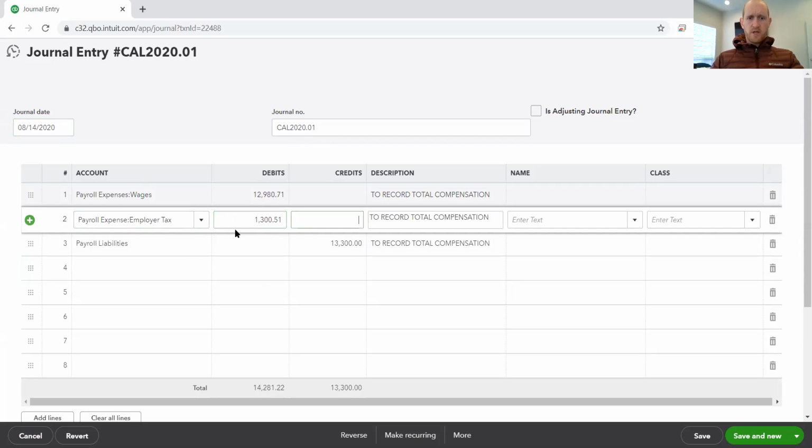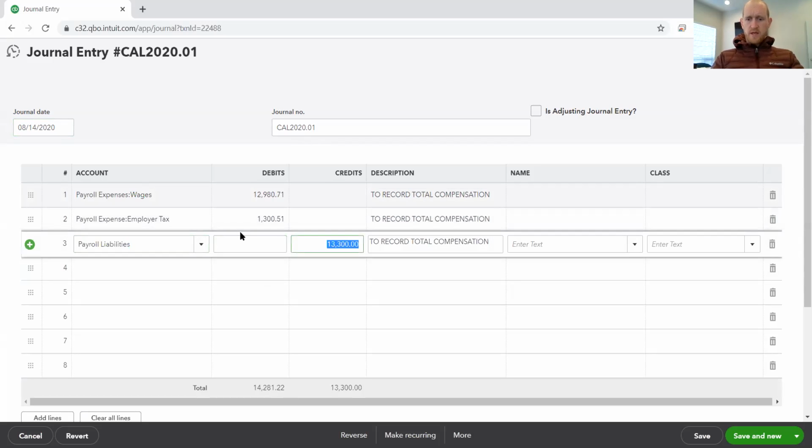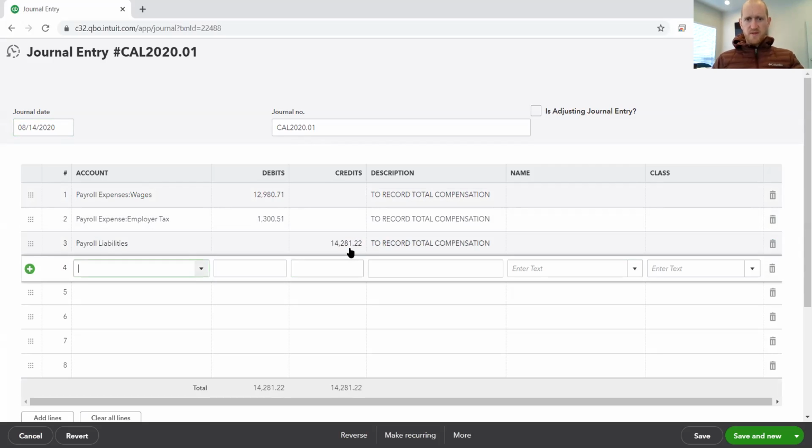That was pretty close to that. Okay, so then the actual amount is $14,280. Okay, so what this represents is the total real gross wages cost, the total actual tax cost to the business.